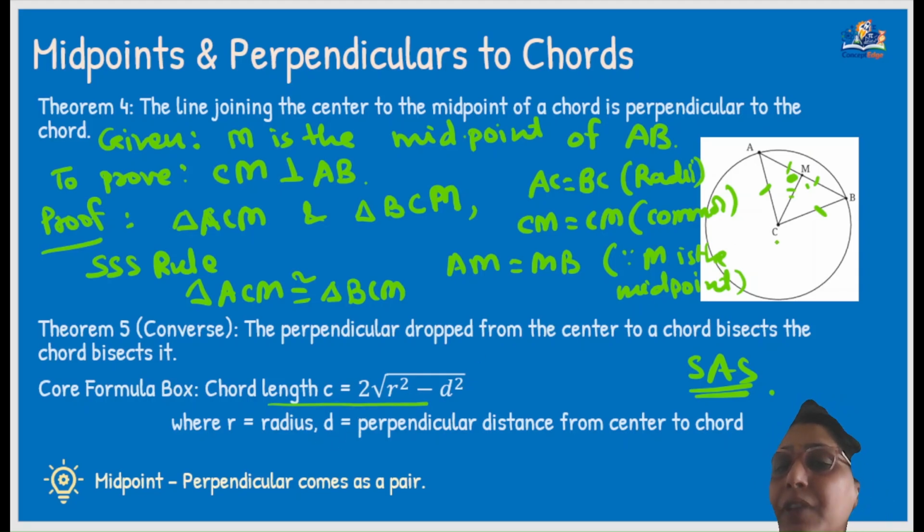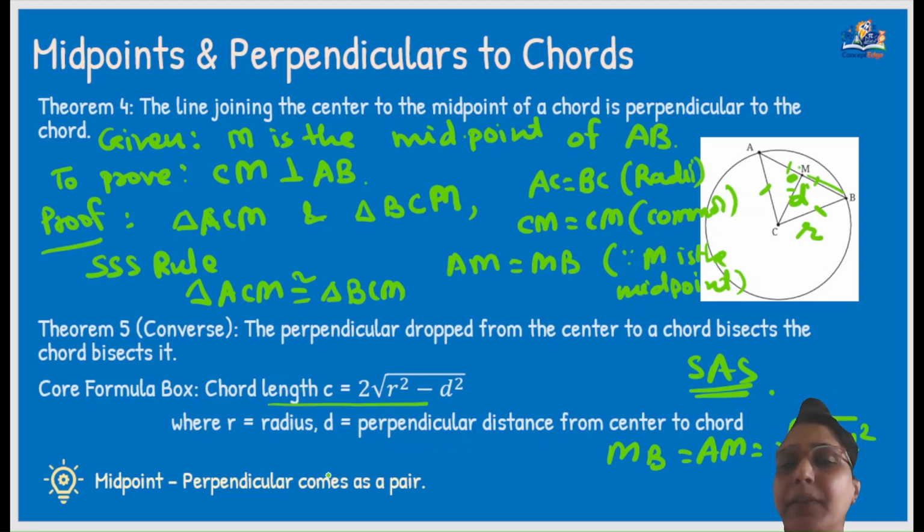If the radius is R and this distance is D, then I can apply the Pythagoras theorem and find this part, AM, which equals the square root of R squared minus D squared. And as M is the midpoint of this chord, I can double this to get the chord length.